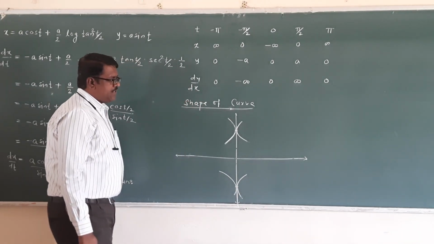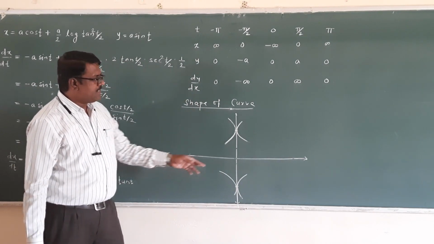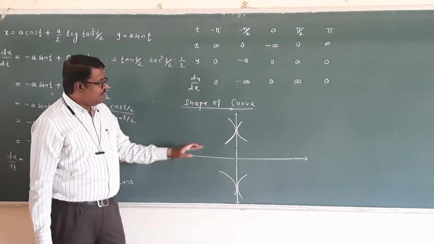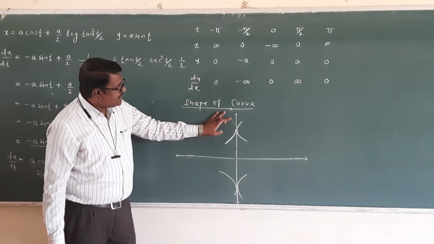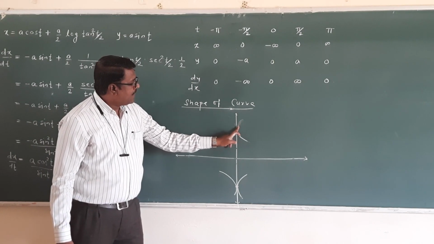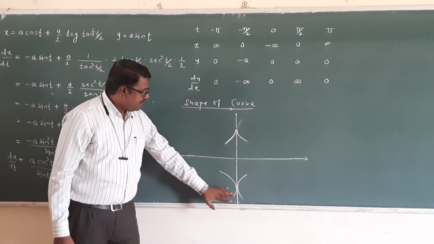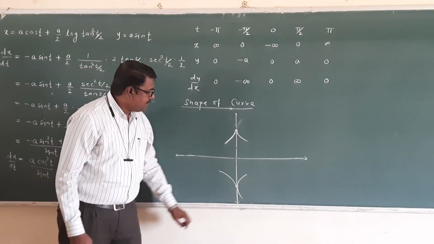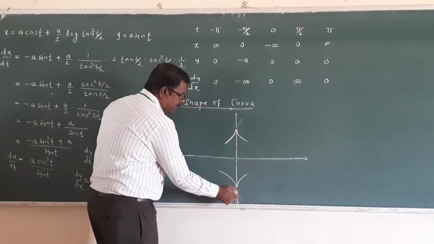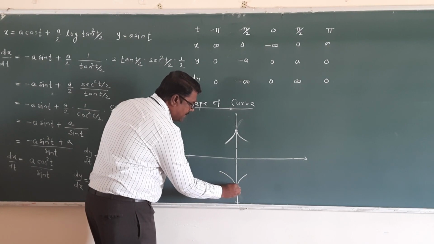But as the remaining points are on this side and on this side, therefore we can erase this upper part, because most of the curve lies below this point. So here also we can erase these 2 parts. So the curve is up to this point.